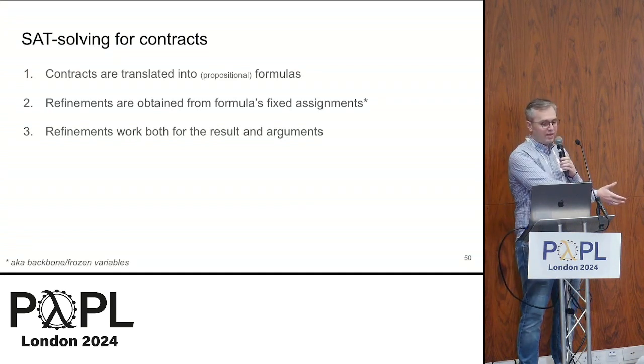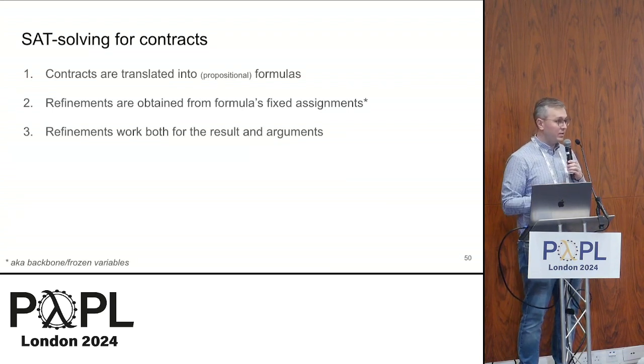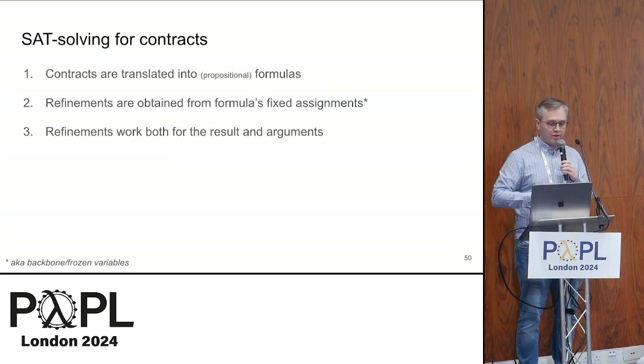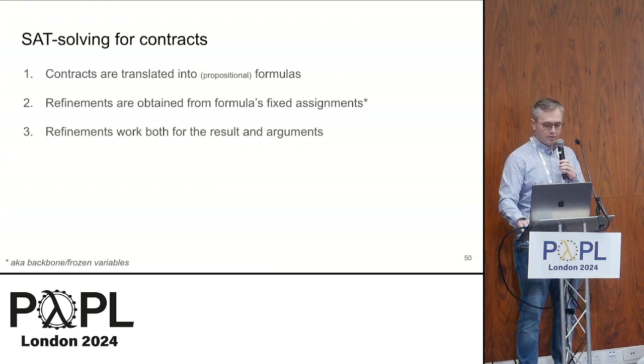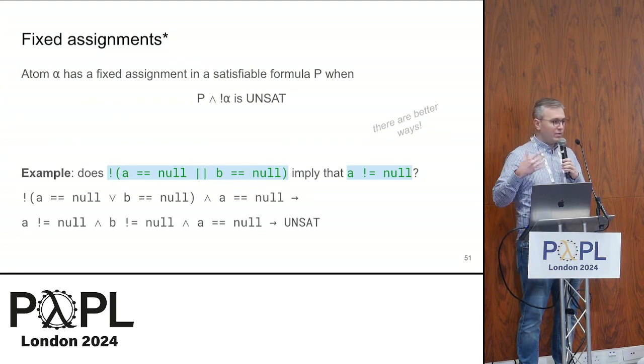We translate contracts into formulas. Refinements are obtained from formulas' fixed assignments, also known as backbone or frozen variables. And this works both for the result and the arguments of these methods. There are many ways to calculate fixed assignments. That's probably the easiest one, and that's what we started with. You just check that some formula is unsat, which, again, there are more efficient ways, but this also works, and it's very easy to implement.